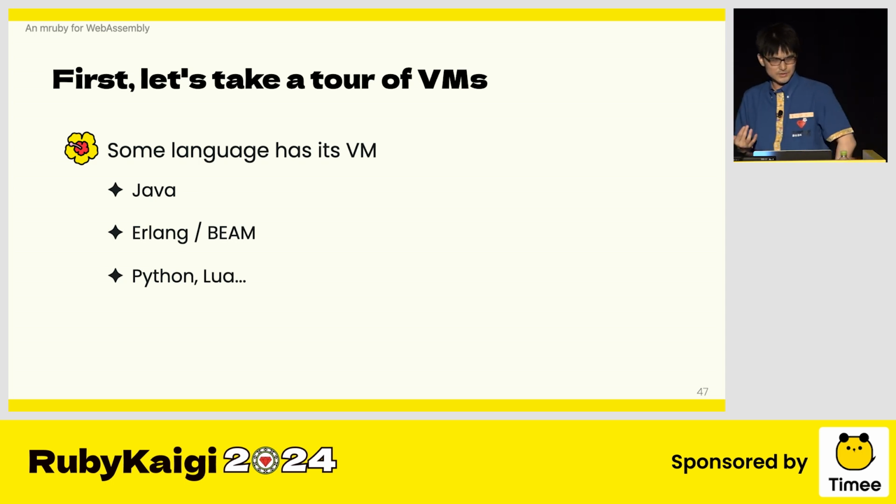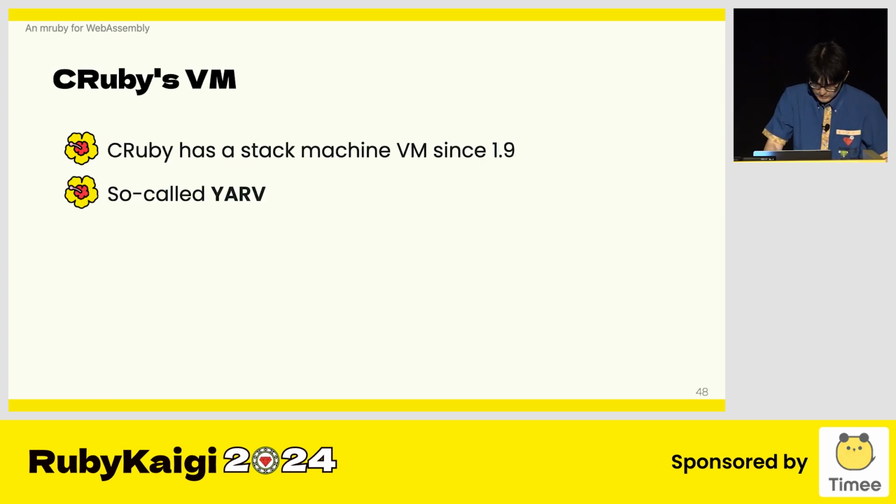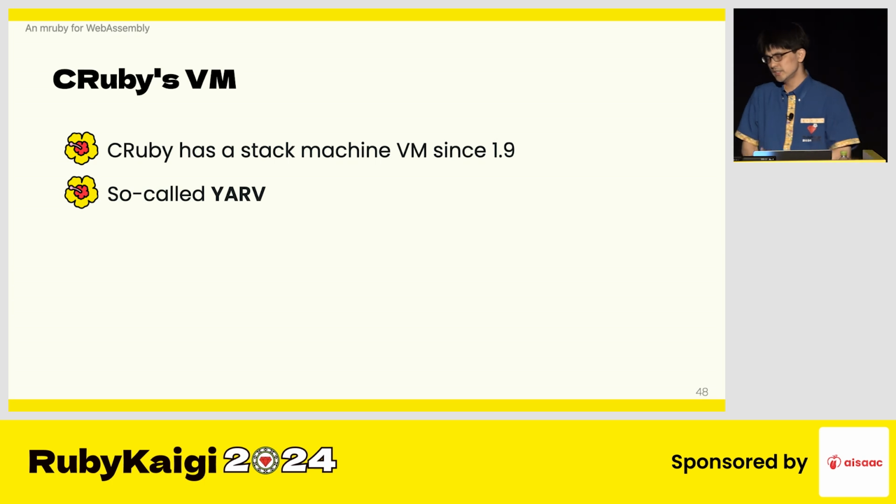You know, some languages have their own VM: Java, Erlang, BEAM, Python, or Lua. Also Ruby has its VM called YARV since Ruby version 1.9.